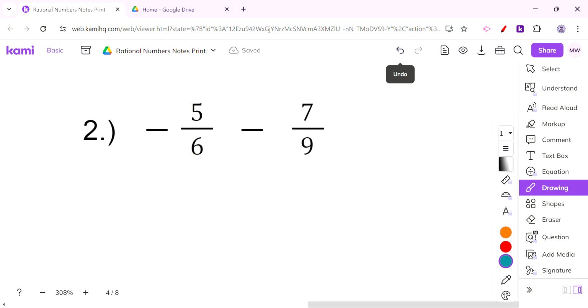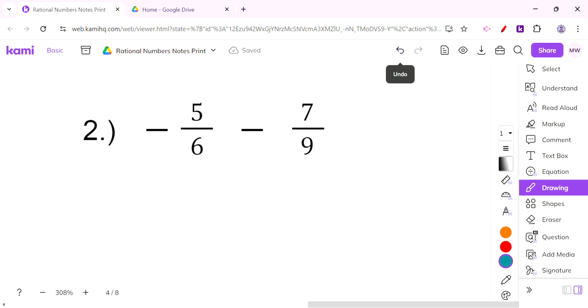All right, next we have here 6 and 9. So our common denominator between 6 and 9, right, our multiples of 6 are 6, 12, and 18.